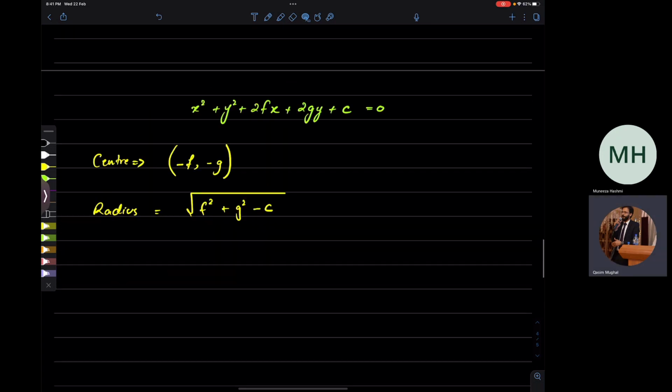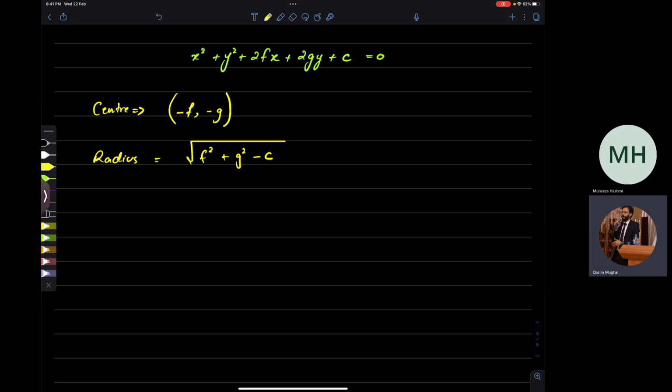I'll rewrite it. Now, the equation was x squared minus 6x plus y squared plus y minus 15 equals 0. Now I'm going to rearrange this equation a bit, making sure I've written the x squared and the y squared first.